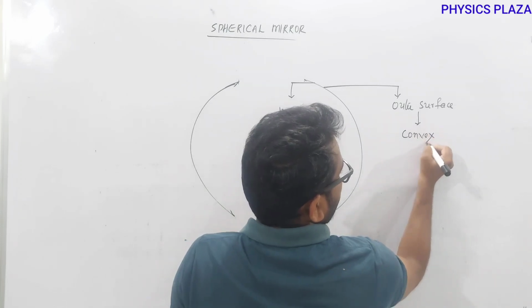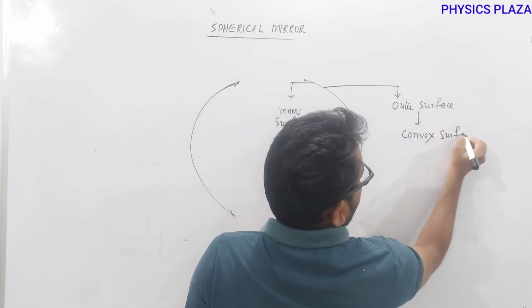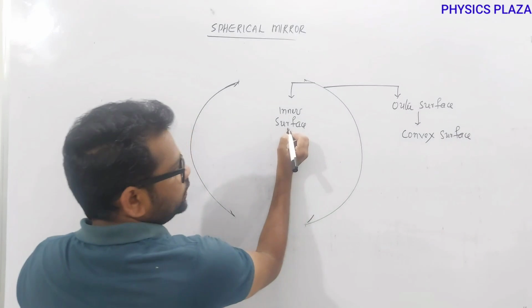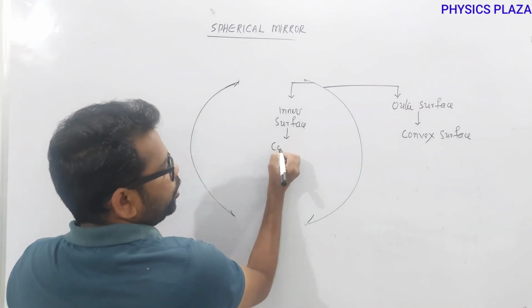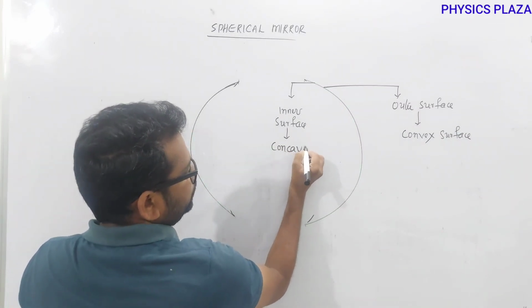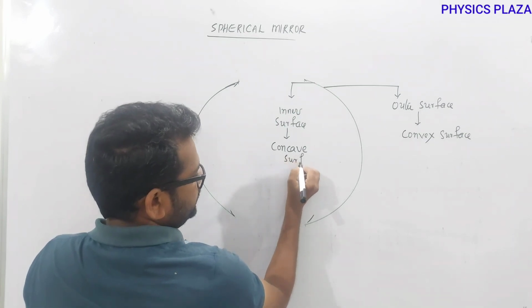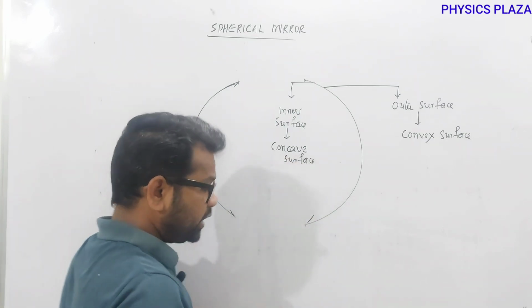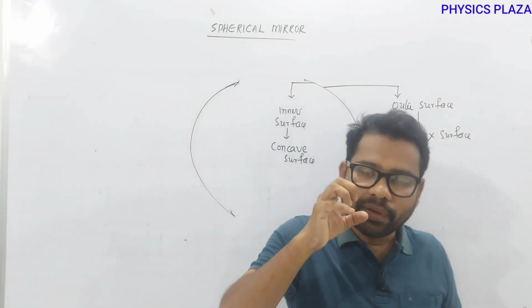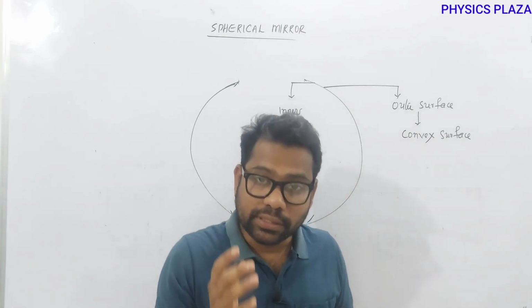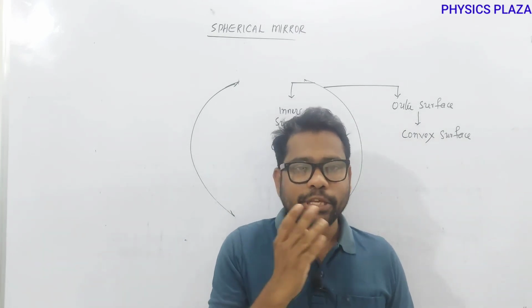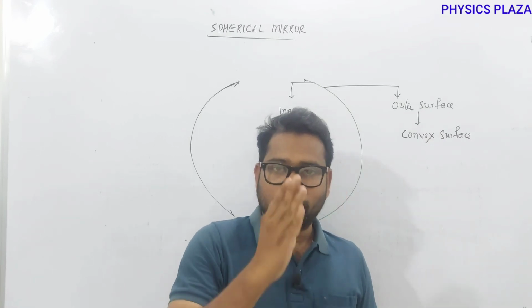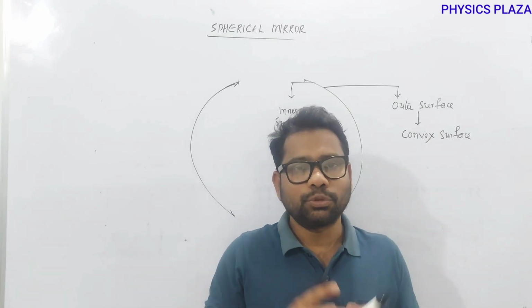It's very important. Whereas this inner surface is called a concave surface. Children, based on whether the convex surface is silvered or the concave surface is silvered, spherical mirrors are classified into two categories.